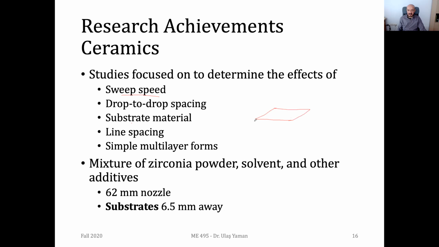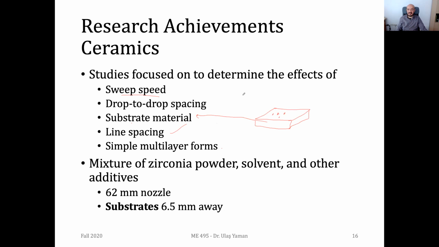So you need to have a substrate, and on top of this substrate, they will start jetting material. So the type of substrate determines the quality of your printing process. Again, line spacing is important. The bond between the layers is important, how they are bonding to each other.